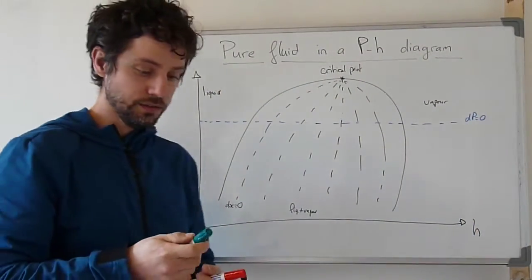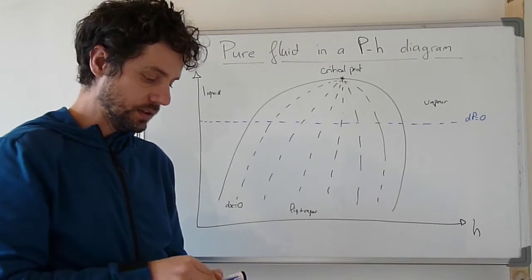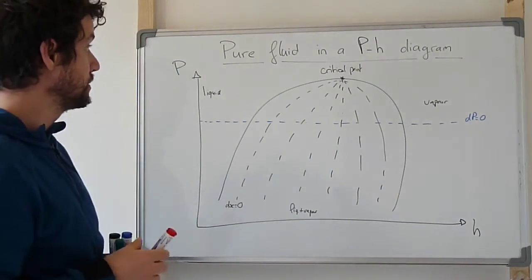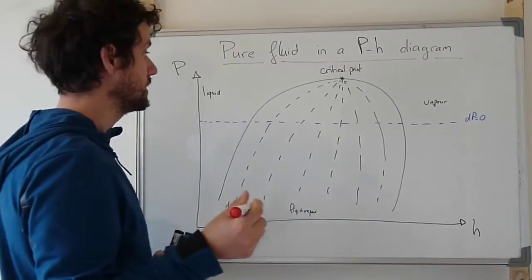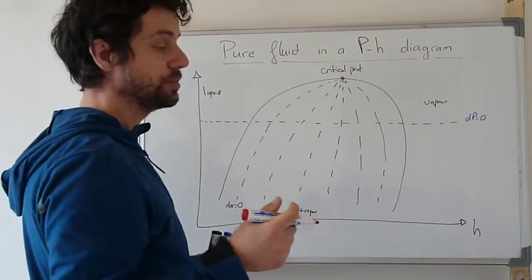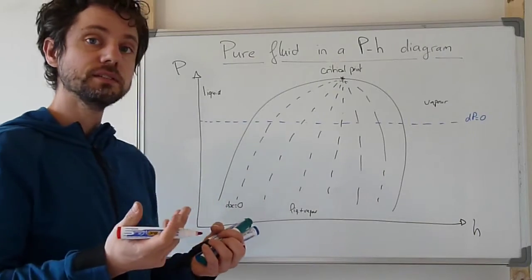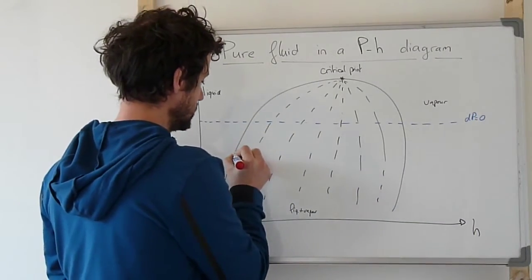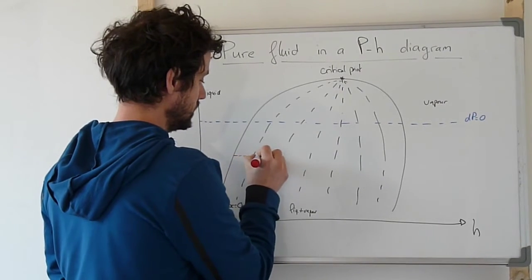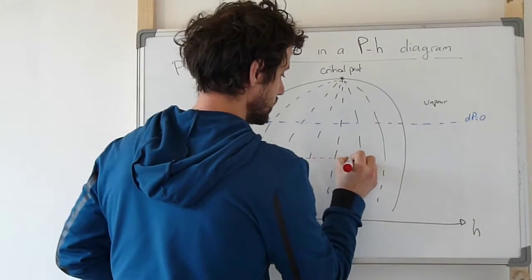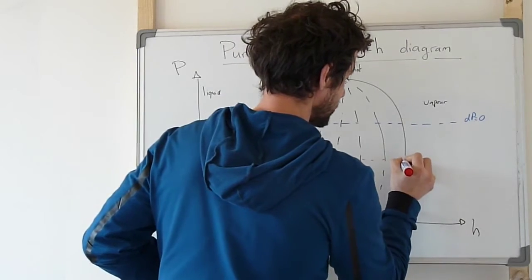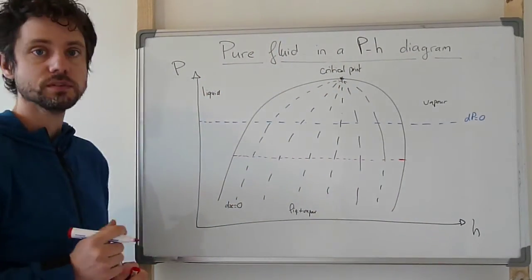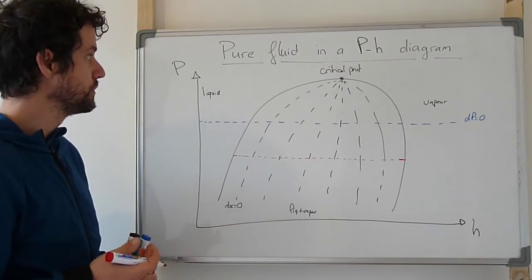Then, if you want to plot the isotemperature lines, because it's a pure fluid, the isotemperature lines are merged with the isobaric lines inside the two-phase zone. Inside here, the saturation curve, you have horizontal isotherms, so isotemperature lines.